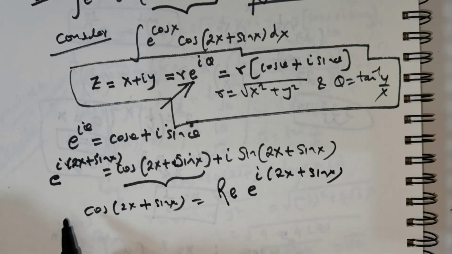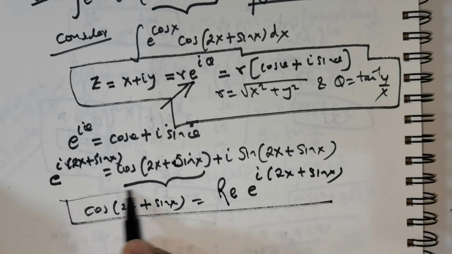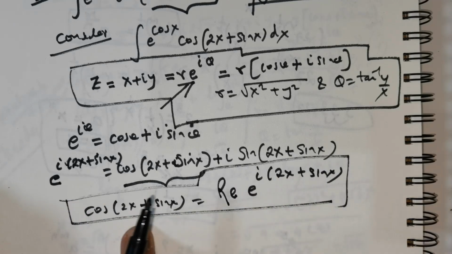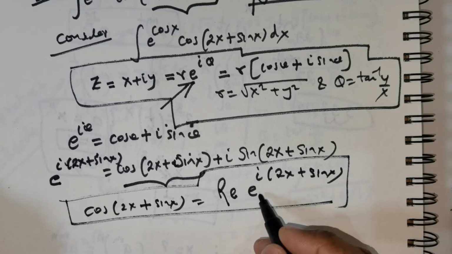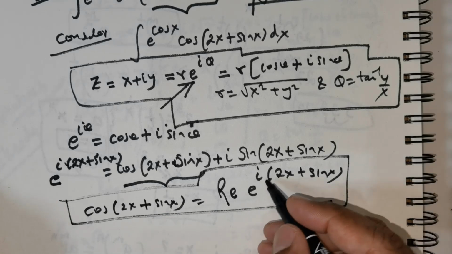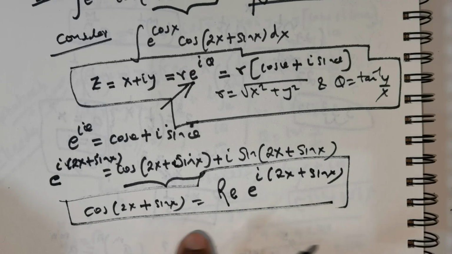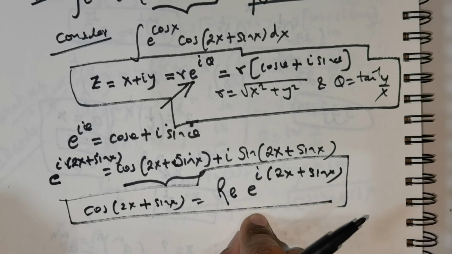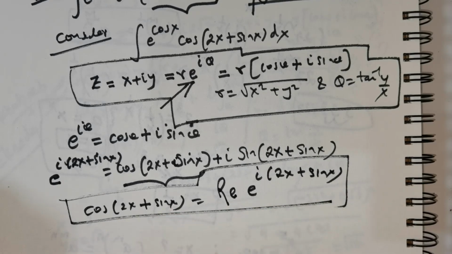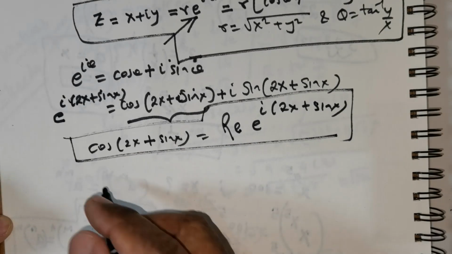That's all we need. So wherever I see cos of 2x + sin x, I would be simply utilizing the real part of e raised to the power of i times of 2x + sin x. So I gave all this information just to utilize the all important representation for cos of 2x + sin x. So let me continue with the problem.